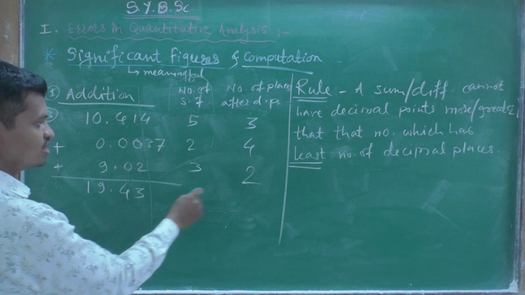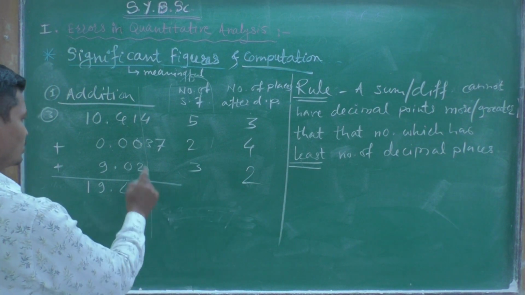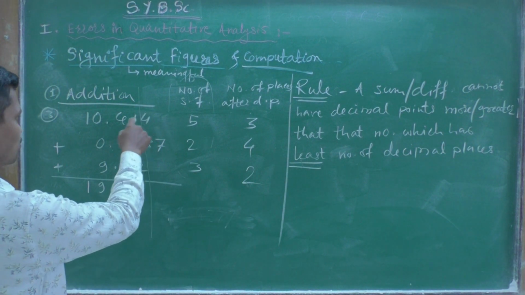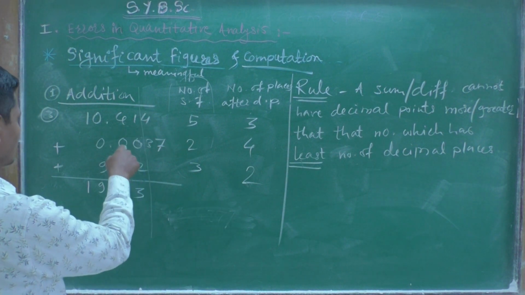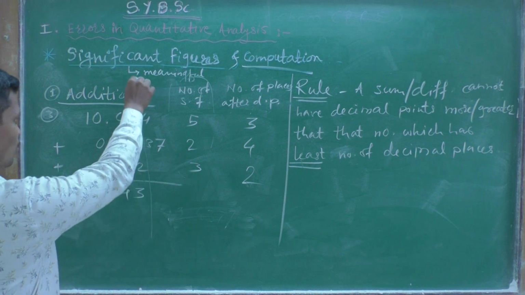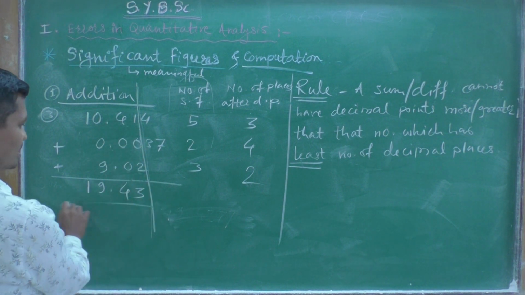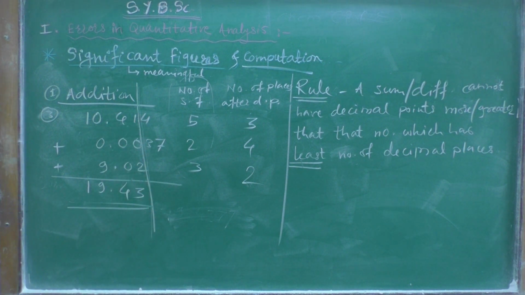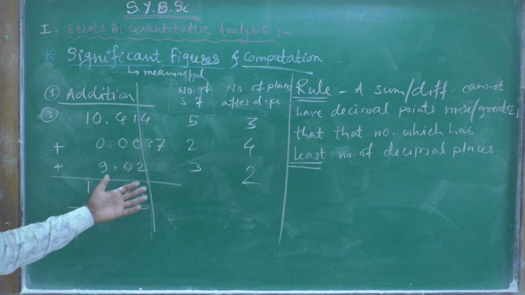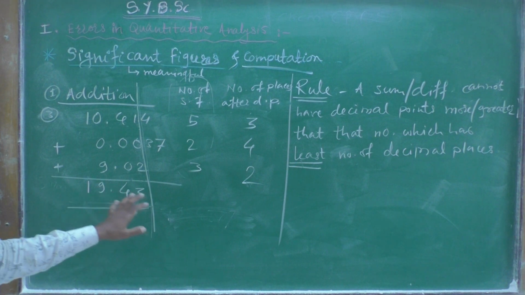That's why the correct sum according to this rule is 19.43.